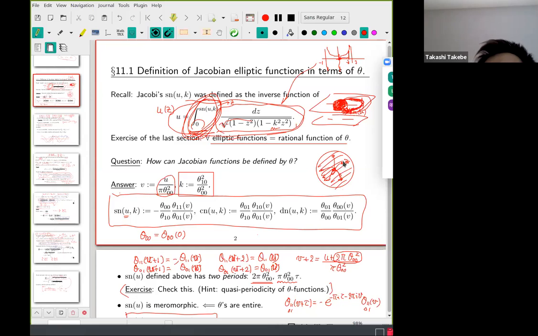Then we have an integral from z. This is a function, and so we take the inverse function to this function.